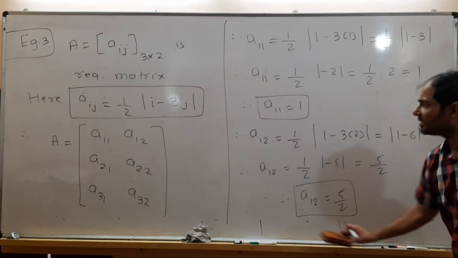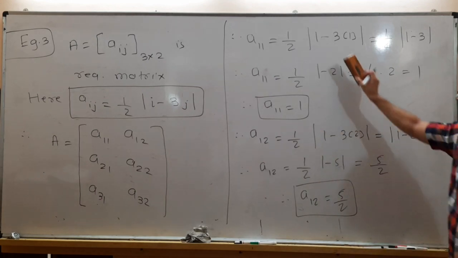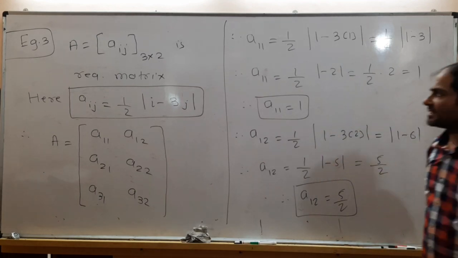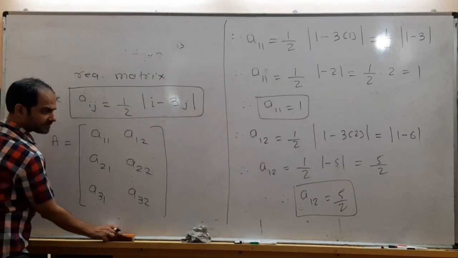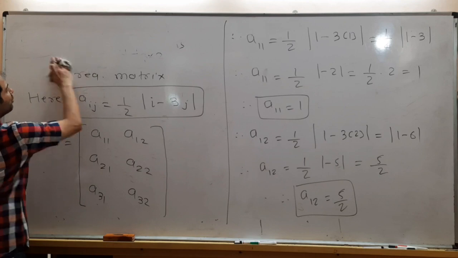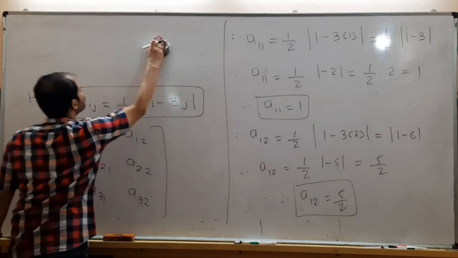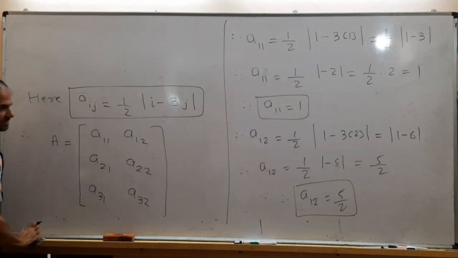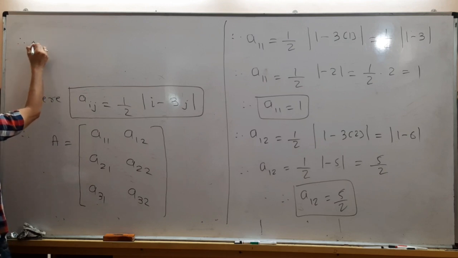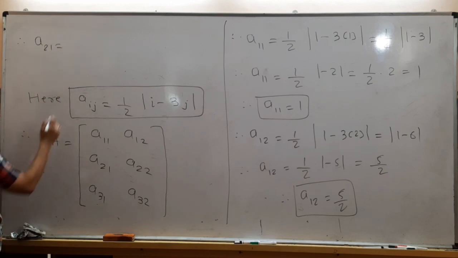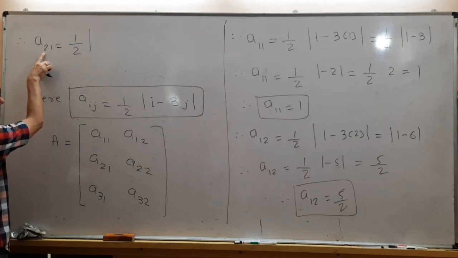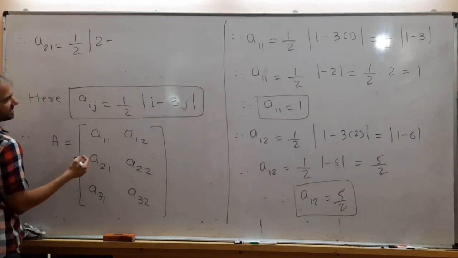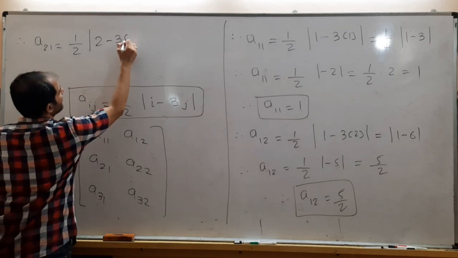Okay. Now, in the next 4 elements, I will skip certain steps. The next element is A21. A21 is half into mod of, in the place of I, we need to write 2 minus 3j. So 3 ones are 3 into 1.